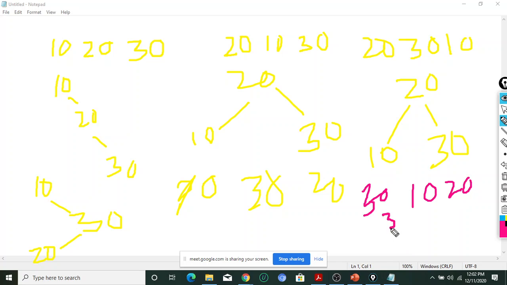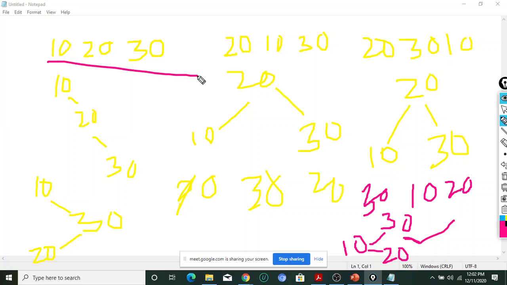So 30 is my root node, 10 is its left child, and the right child of 10 is 20. Is this understood? So look at this: with the same key values, we are getting different kinds of trees. If I construct with a different order, then we get a different tree.